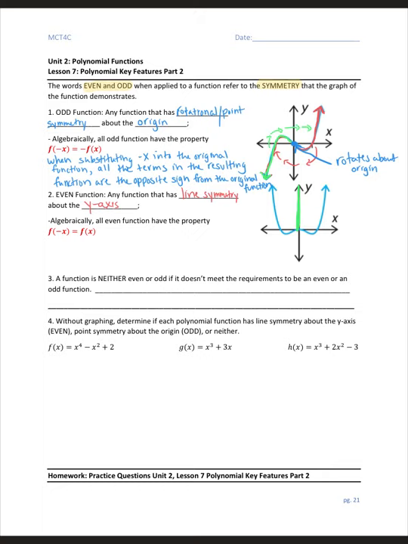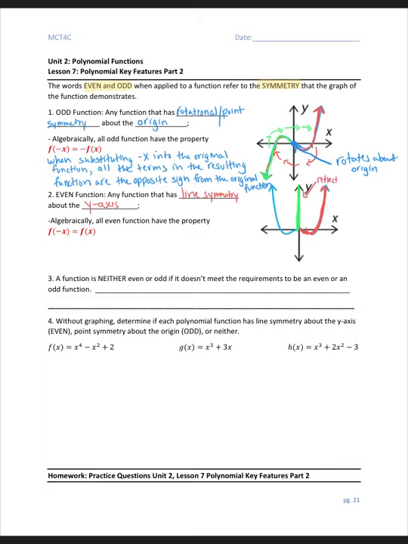We have one half of our graph over here, and the y-axis creates this line symmetry. So we're basically going to reflect one side over the y-axis.